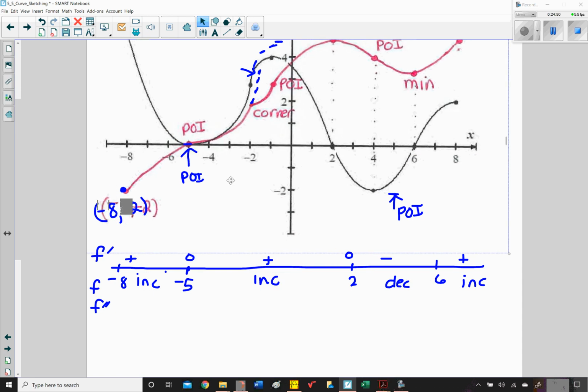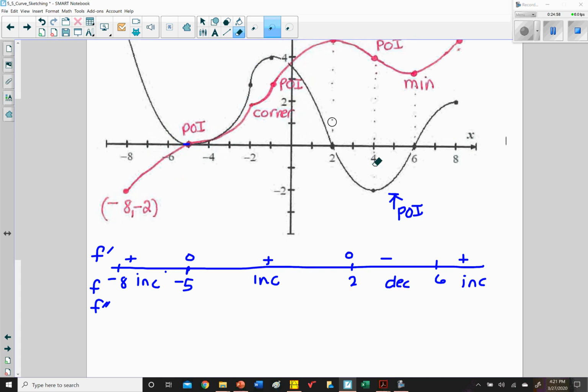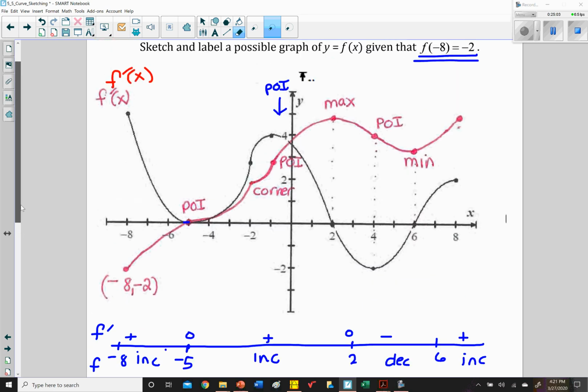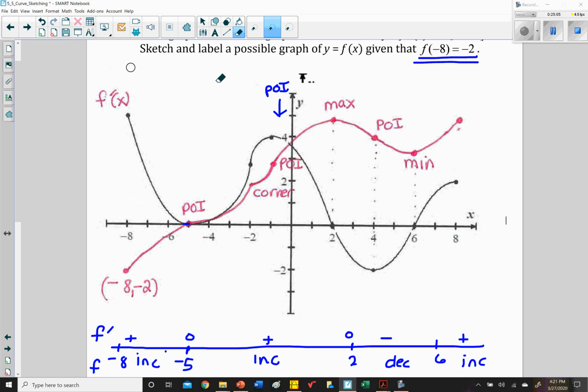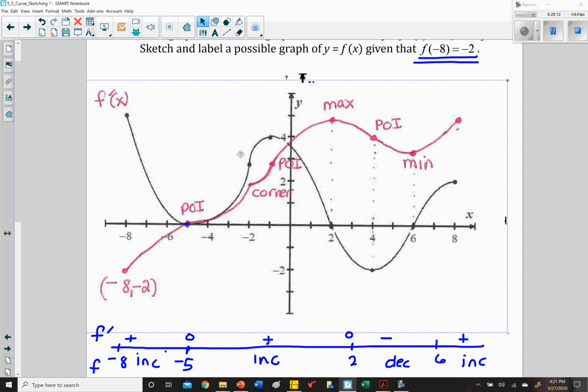Okay, I started at -8, -2, and I had points of inflection, those high and low points. And you can pause the video here if you need to try on your own, or just to copy my picture. Trying to save us some time.